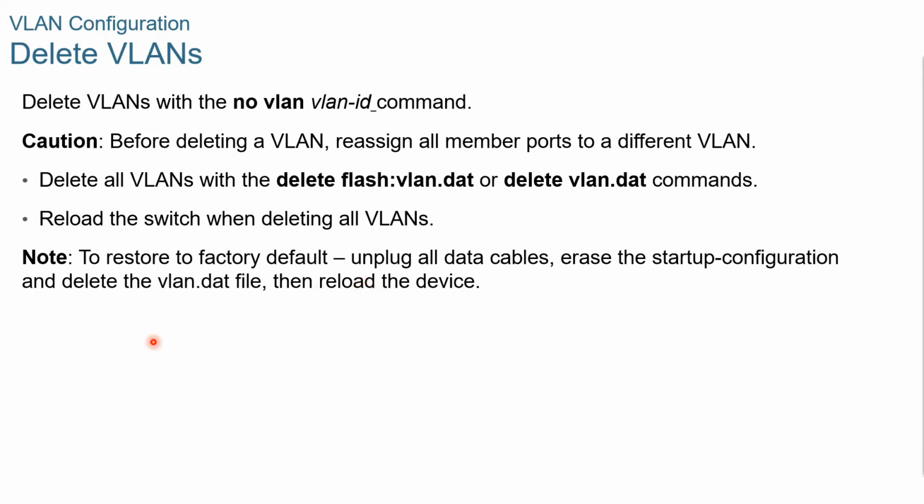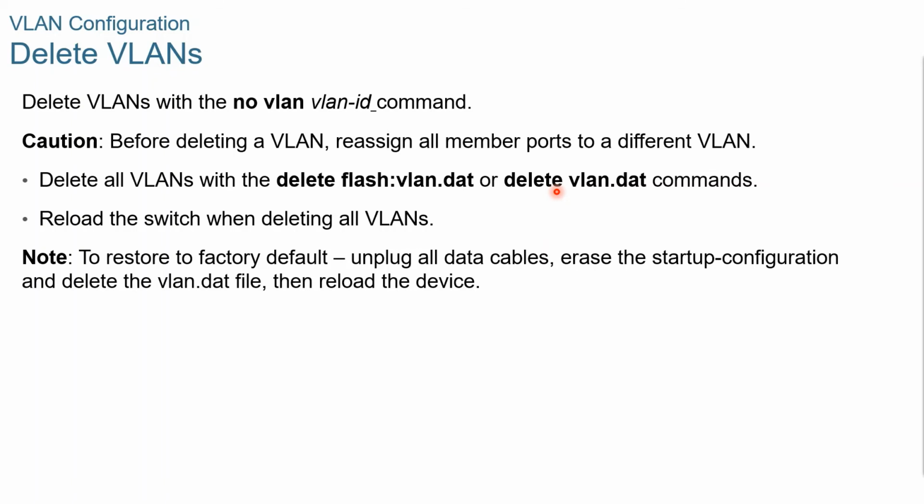The entire vlan.dat file can be deleted using the command delete flash:vlan.dat in privileged EXEC mode, or simply the delete vlan.dat command.